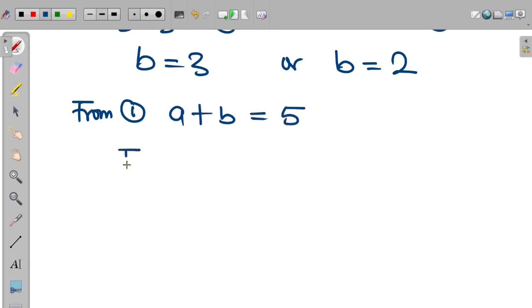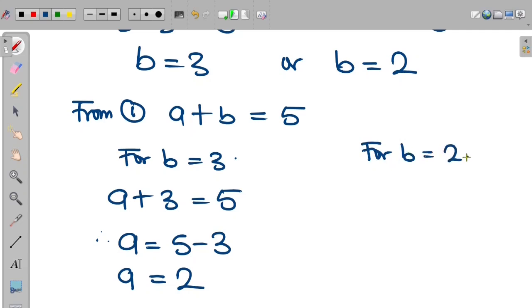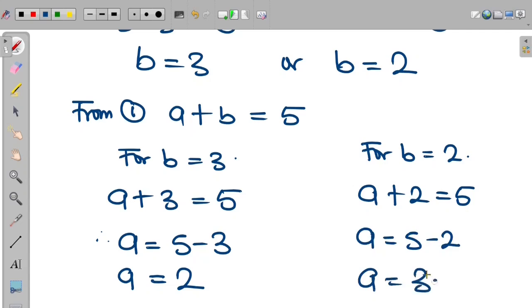For B equal to 3, A plus 3 is equal to 5, so A is equal to 5 minus 3, which is 2. Also, for B equal to 2, A plus 2 is equal to 5, so A is equal to 5 minus 2, which is 3.